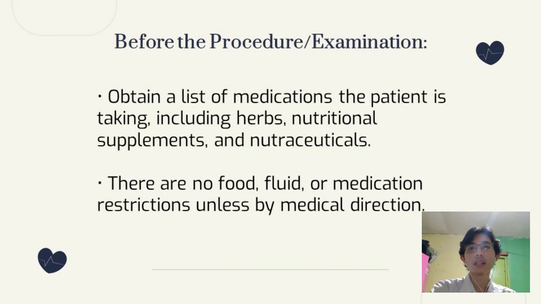Obtain a list of medications the patient is taking, including herbs, nutritional supplements, and nutraceuticals. The requesting healthcare provider and laboratory should be advised if the patient is regularly using these products so that their effects can be taken into consideration when reviewing results.